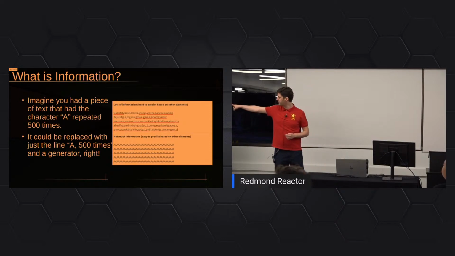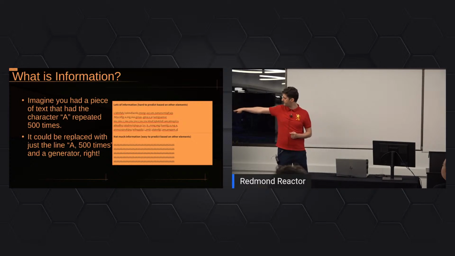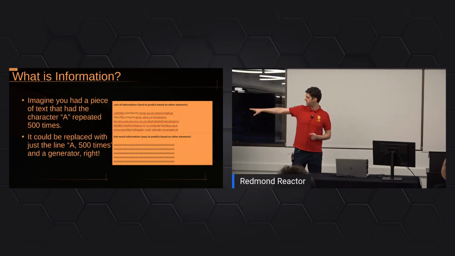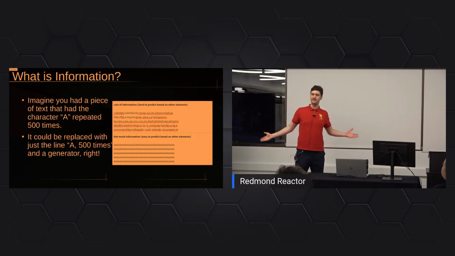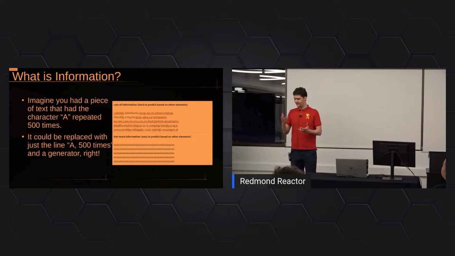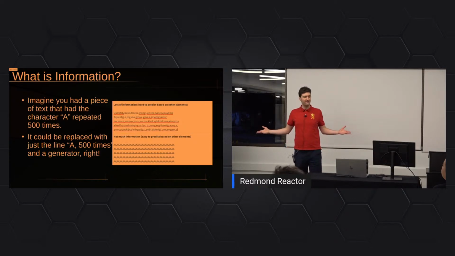In the example on the right, I have highly noisy, hard to predict information, and then a very clear set of information that's just the letter A repeated over and over again. The letter A repeated over and over doesn't have a lot of information in it, because we can replace it essentially with just the sentence "the letter A repeated 500 times."